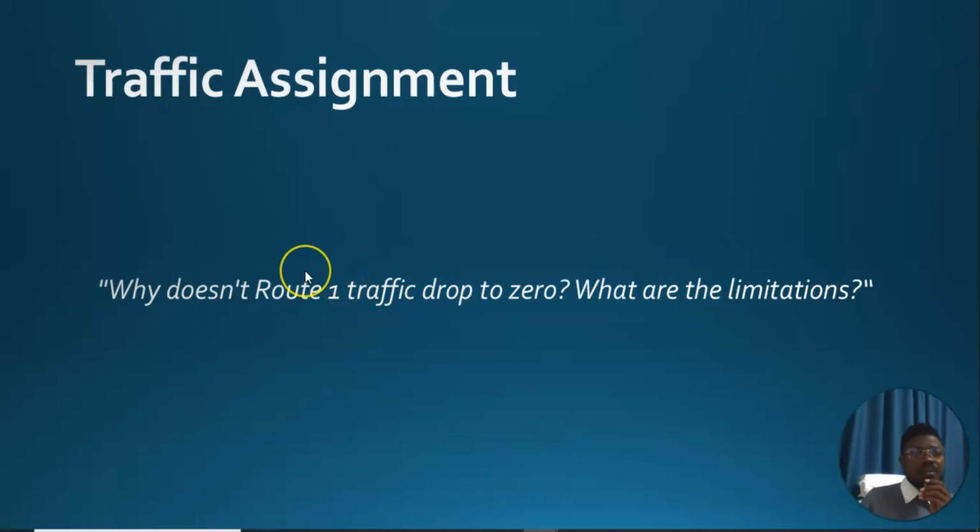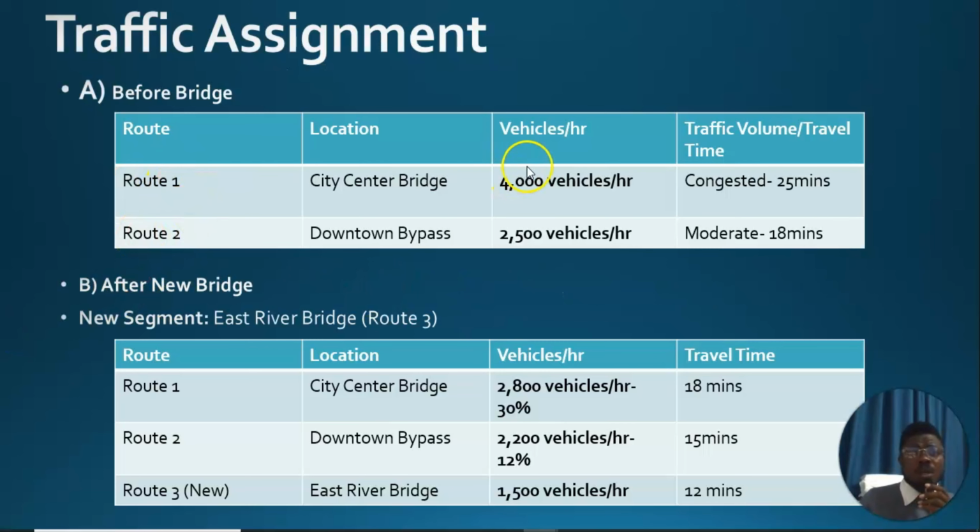So here we have: why doesn't route 1 traffic drop to zero, and what are the limitations? When we look at route 1, we know the number of vehicles is about 4,000 vehicles per hour and it is usually congested, with over 25 minutes. After the introduction of the new bridge, it dropped, and we have a new travel time of about 18 minutes.